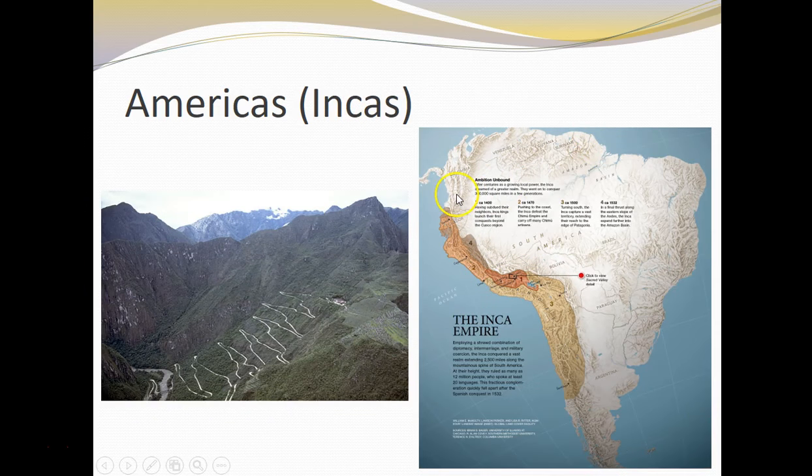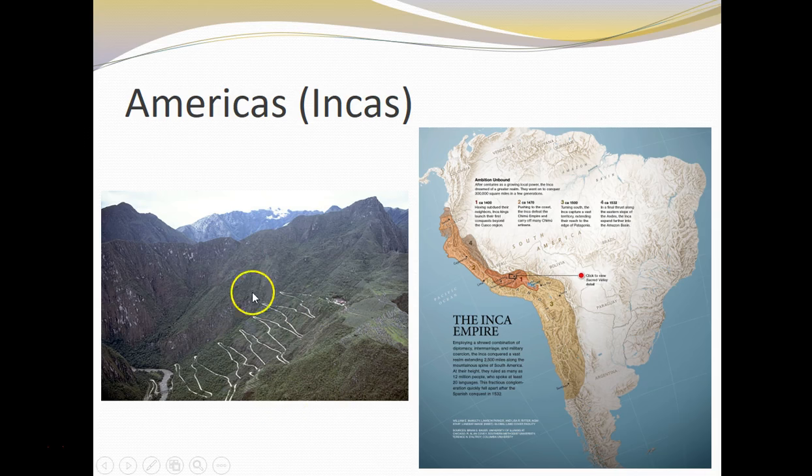Down in South America, on the western coast, we saw the Incas, the Incan Empire, roughly around 1000 to 1532 CE. They had writing, complex religion, art, very well known for their roads and their vast empire connected by these roads.